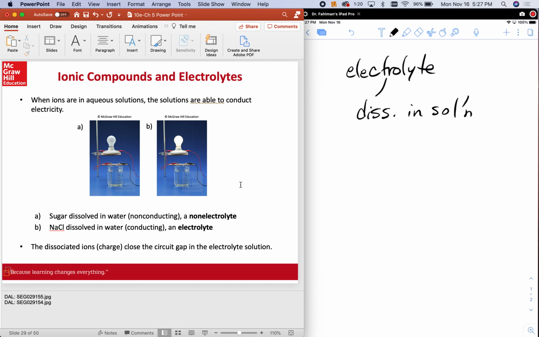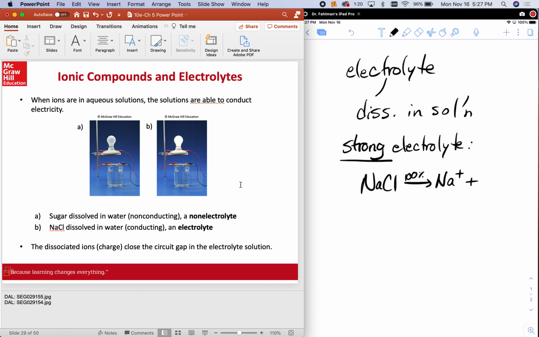And if it is a strong electrolyte, that is, for instance, shown here on the slide, like sodium chloride, that just means that it is 100% dissociated.